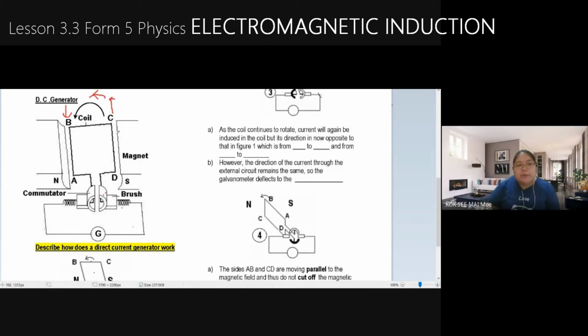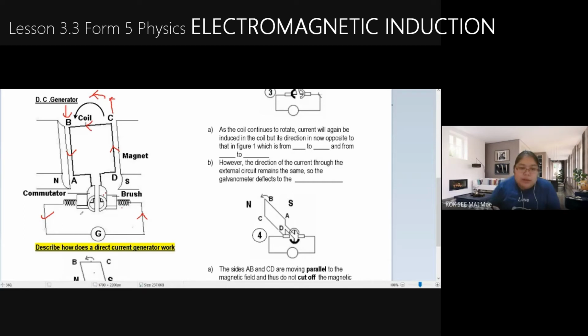You see parts C and D. C and D, you point your thumb upwards because the force goes up. So the second finger is far away from you. Far away from me means I need to write D to C. So D to C, and this one is B to A. Then when it comes out, it goes here.